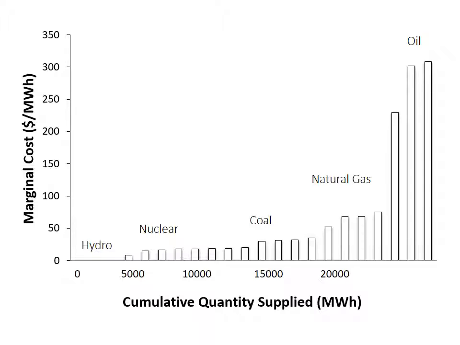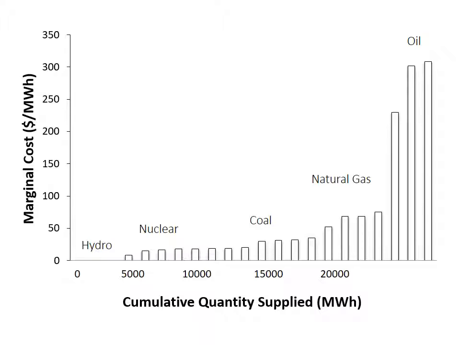And on the y-axis, we have the corresponding variable or marginal cost for each one of these generation technologies. So in some sense we're stacking generation, cumulatively adding the total quantity of electricity that we can supply in order of increasing cost.